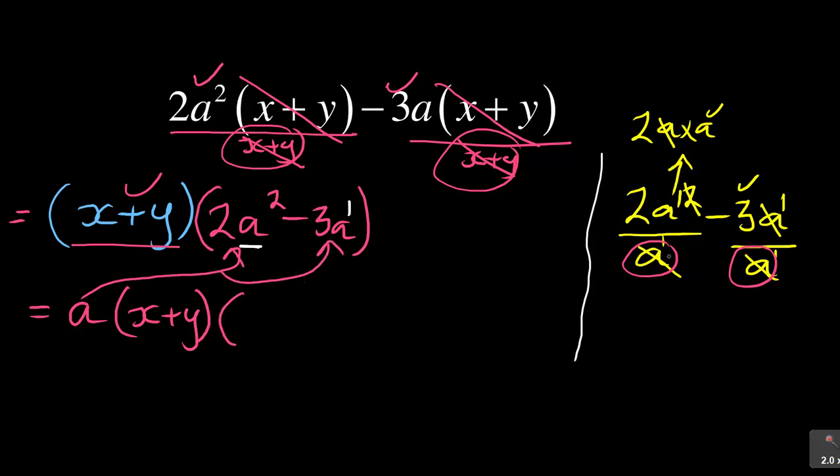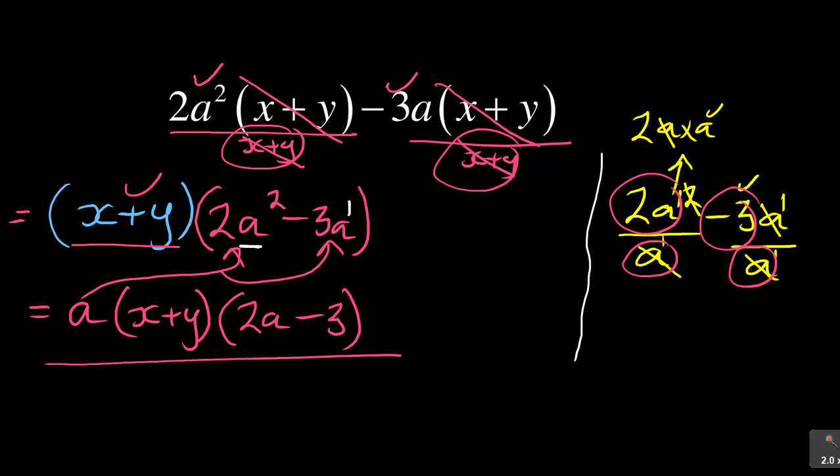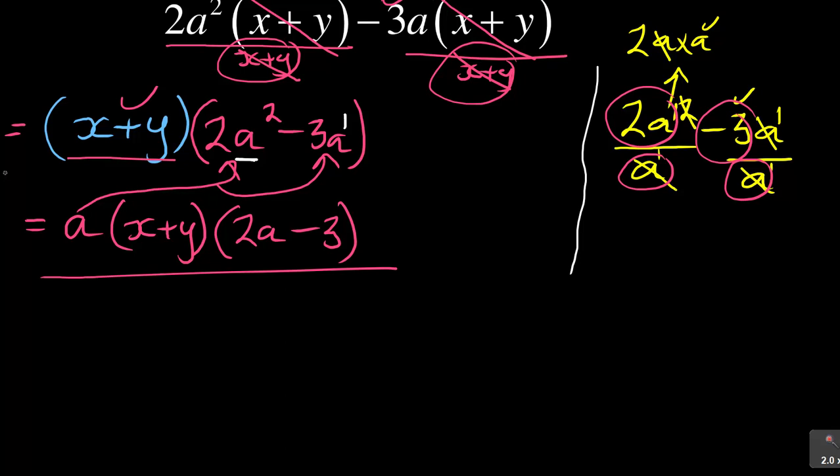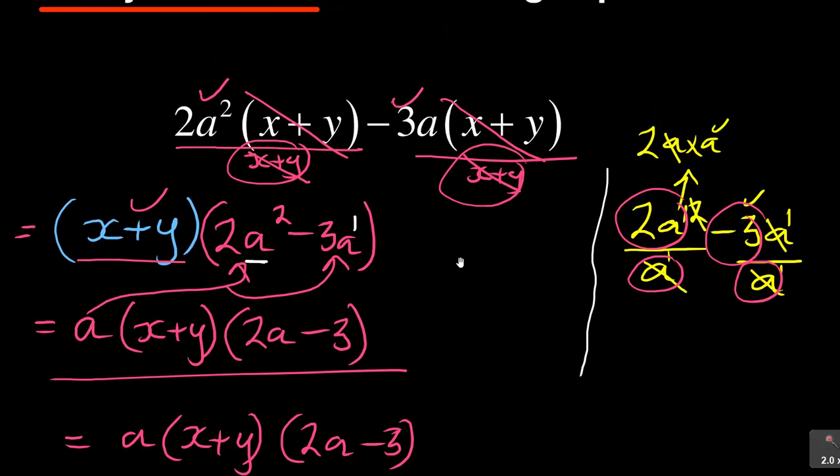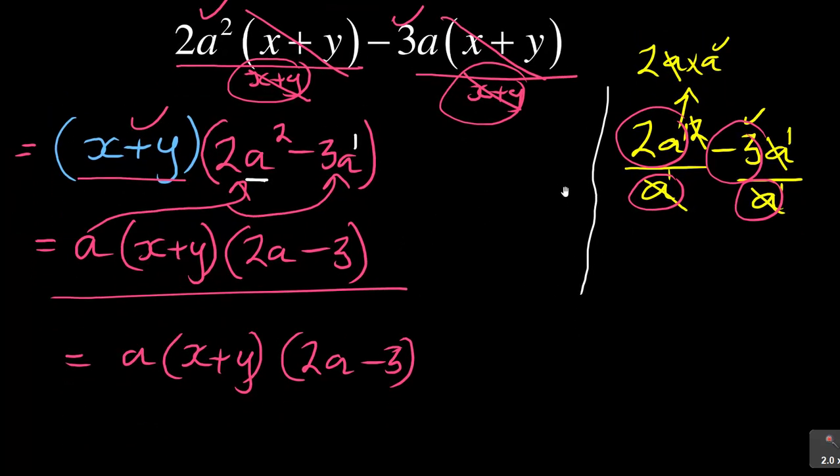So when you open the brackets, it's what is remaining here, which is 2a minus, and what is remaining there, which is minus 3. So guys, that is what it means when they say you need to fully factorize. So the final answer is a, x plus y, and then 2a minus 3. So this is what we have done to say we have fully factorized this expression.